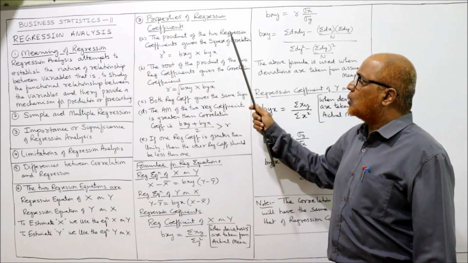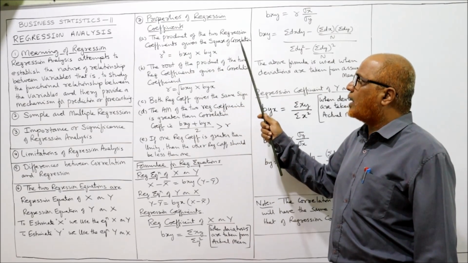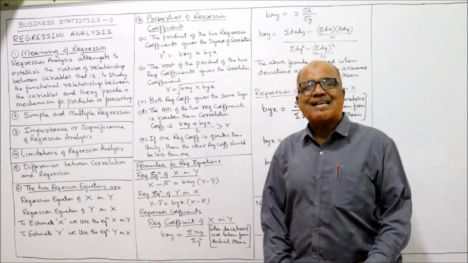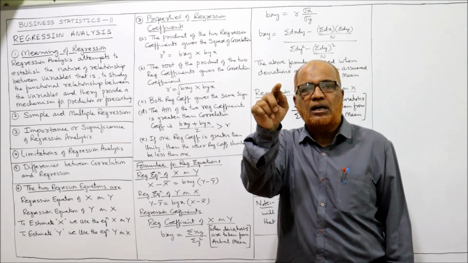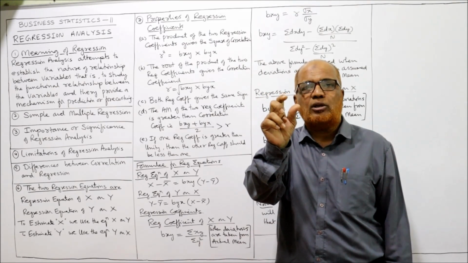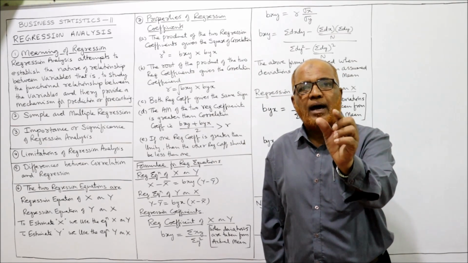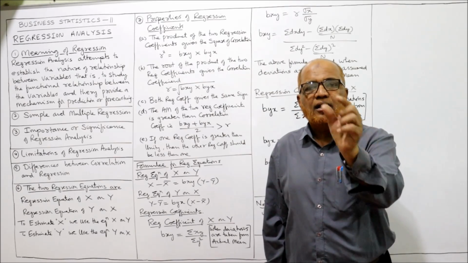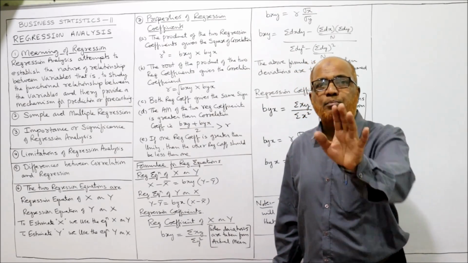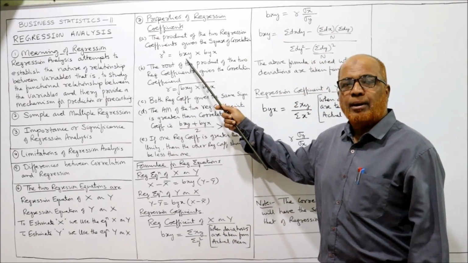The product of the two regression coefficients gives the square of the correlation. The standard symbol for correlation is small r. The regression coefficient symbol is bxy.